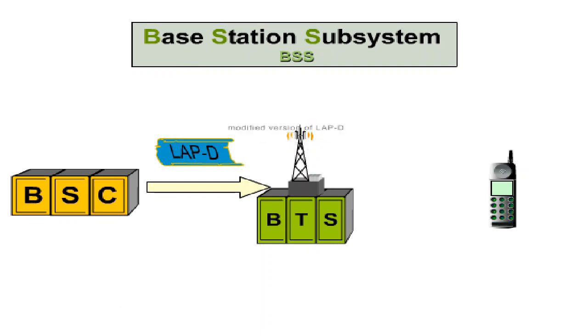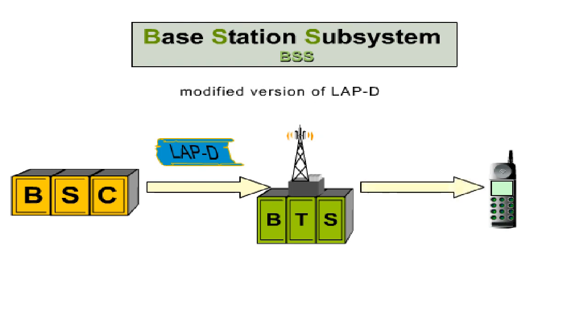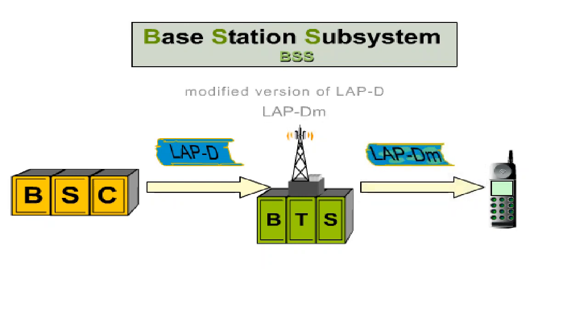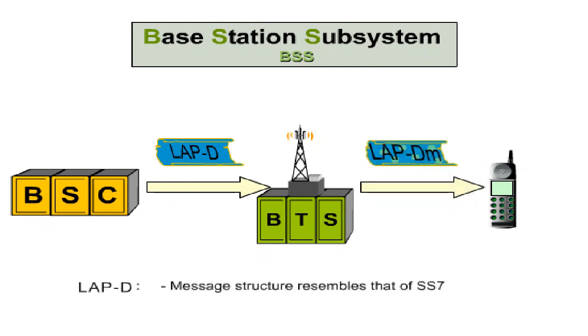A slightly modified version of the same protocol also exists between the BTS and the mobile station. Due to the modifications imposed by the characteristics of the air interface, the protocol is called LAP-DM. The message structure within LAP-D resembles that of SS7, but it's limited to the support of point-to-point connections.